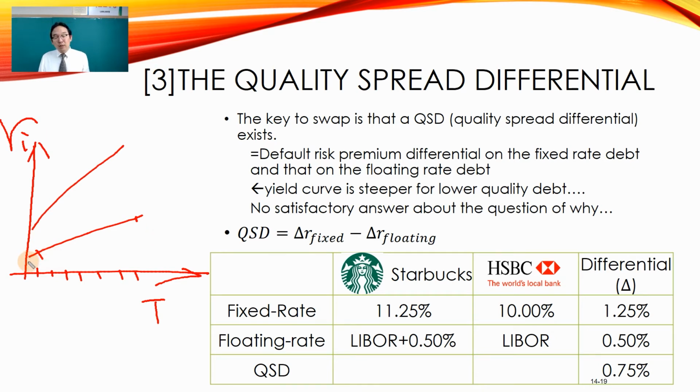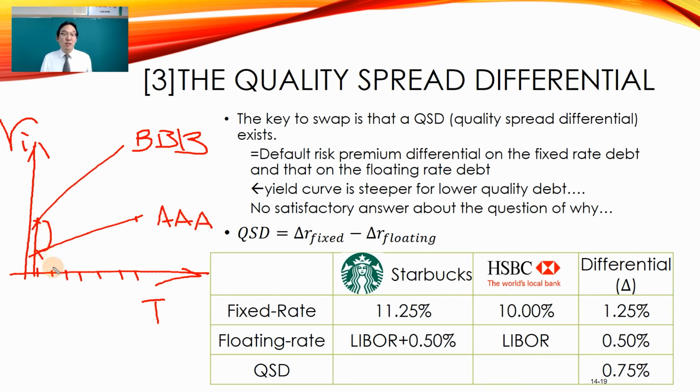But for poorer quality or higher credit risk companies, when they borrow money for the same maturity, they will have to pay higher interest rate than, let's say this is triple B companies, this is AAA companies.